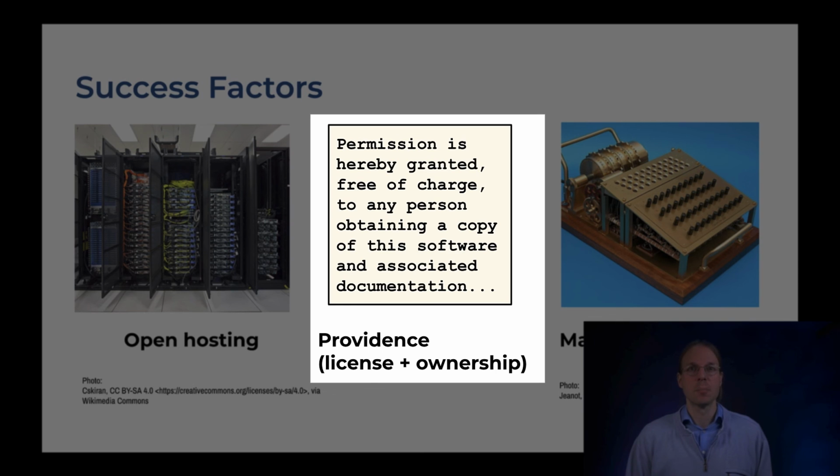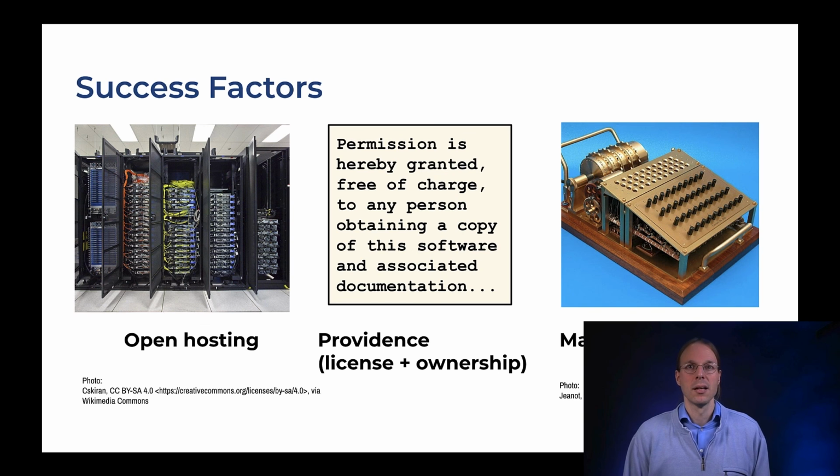Second is that the provenance, the license and authorship of the examples is clearly maintained. The license shown here is the MIT license, but any flexible and permissive open source license is appropriate here. And in addition to that, we need to make sure that we remember who wrote which benchmark.